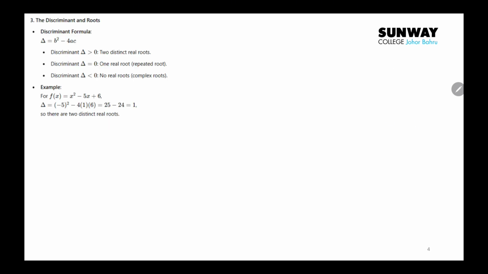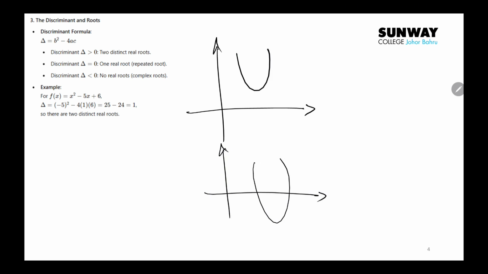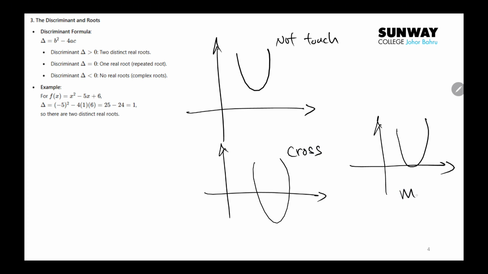We have to talk about the discriminant and roots, because it is very important to understand that when you have a quadratic equation, you may encounter one of three scenarios: it will not touch the x-axis, it will cross the x-axis, or it will only meet or touch the x-axis.